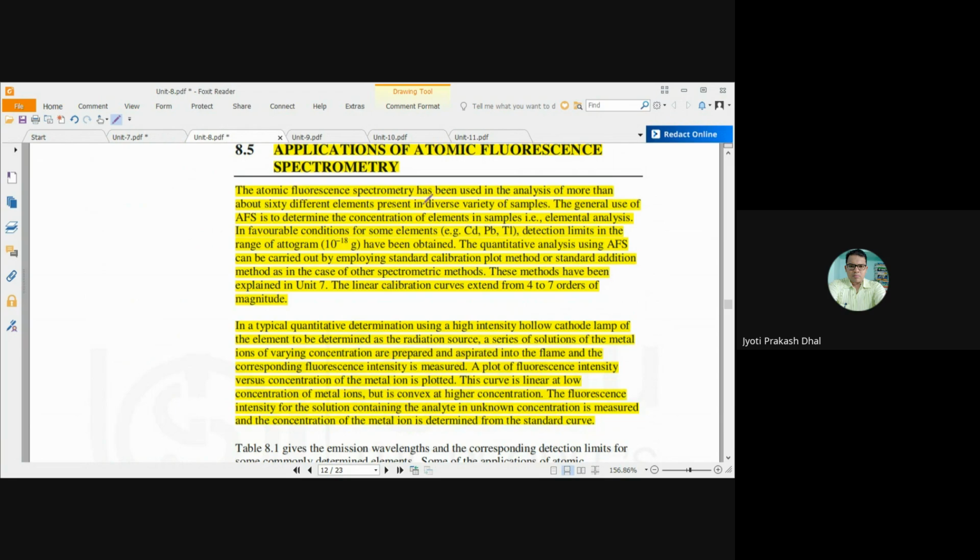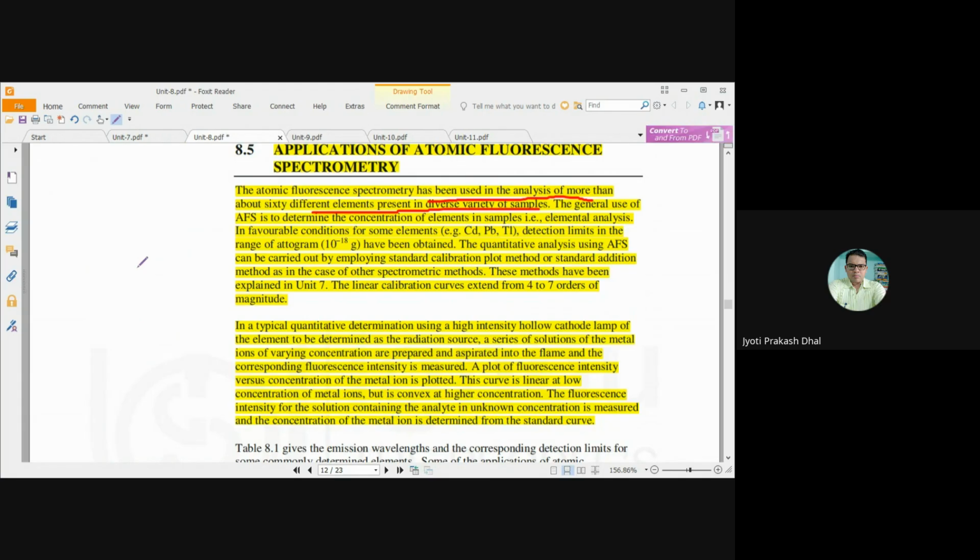Atomic fluorescence spectrometry has been used in the analysis of about 60 different elements present in a diverse variety of samples. The general use of AFS is to determine the concentration of elements in a sample, that is, for elemental analysis.